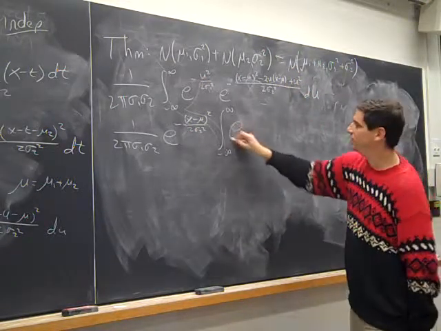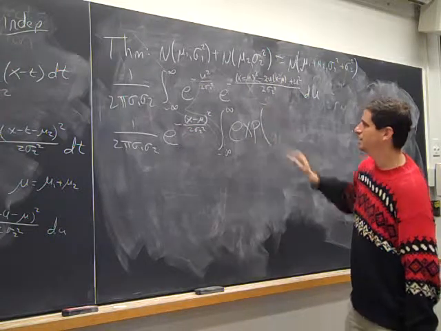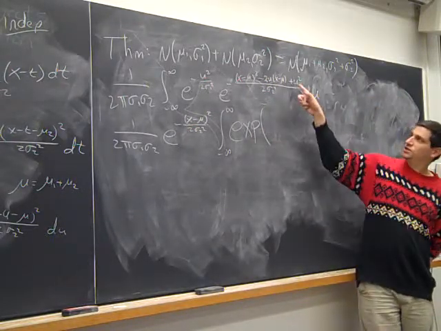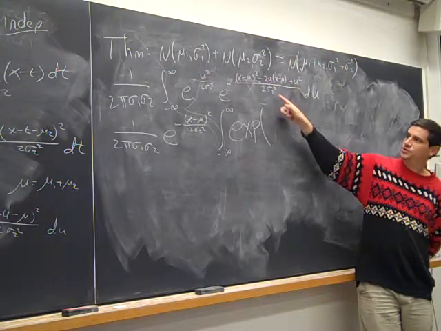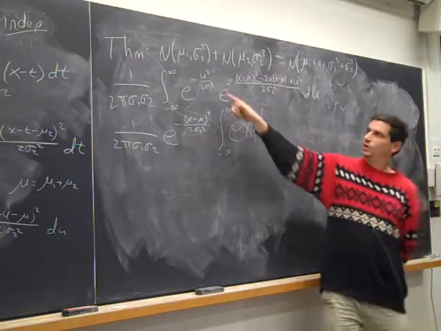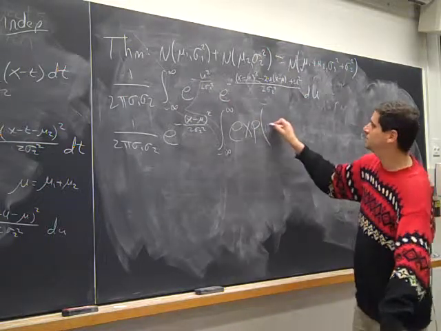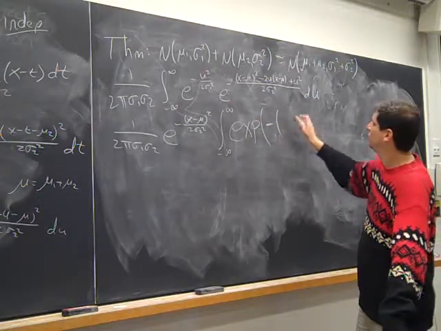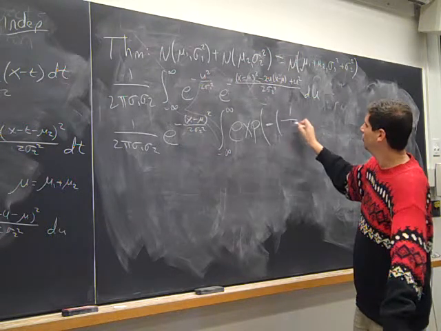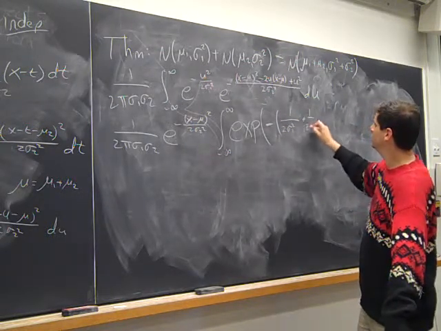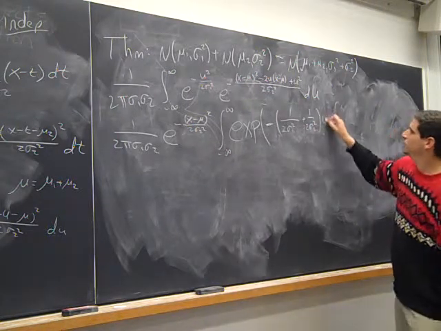This is why we often use the phrase exp, which means the exponential of what comes inside. So let's look at the u squared term. We have a u squared over 2 sigma 2 squared with a minus sign, and a u squared over 2 sigma 1 squared with a minus sign. So we'll have a minus quantity 1 over 2 sigma 1 squared plus 1 over 2 sigma 2 squared, times u squared.